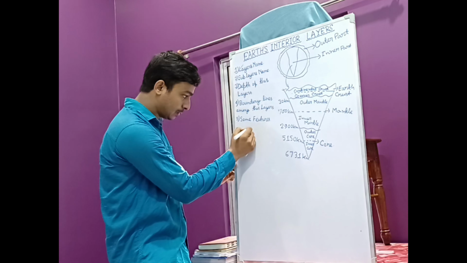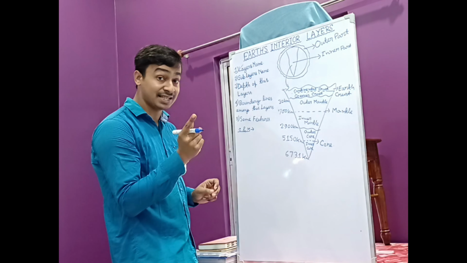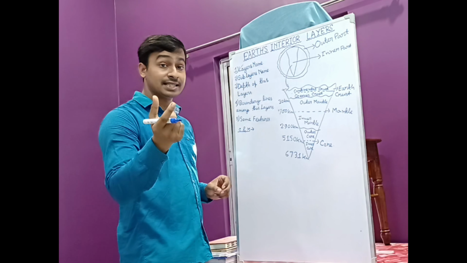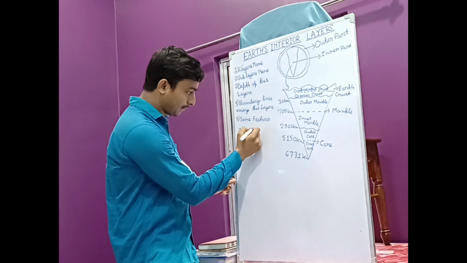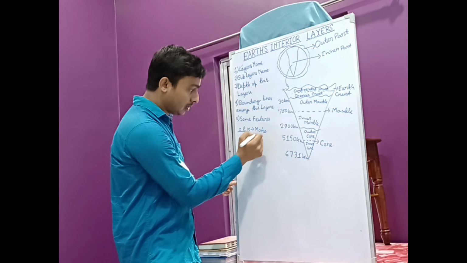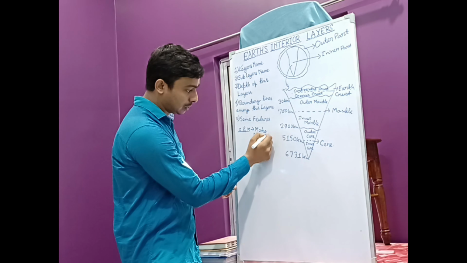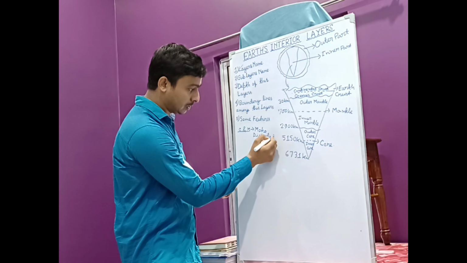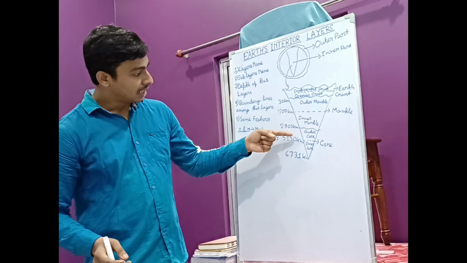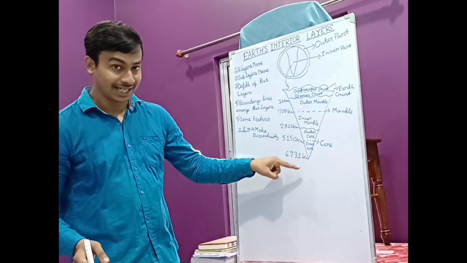Crust and mantle boundary line name is Mohorovicic discontinuity line.